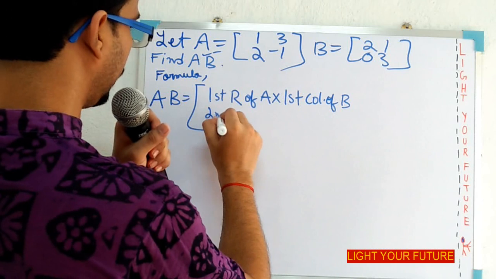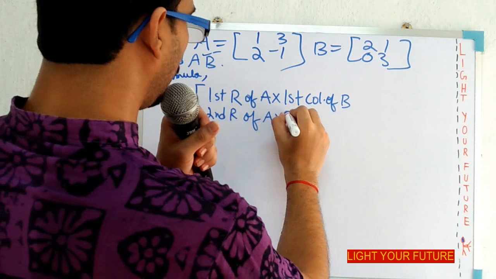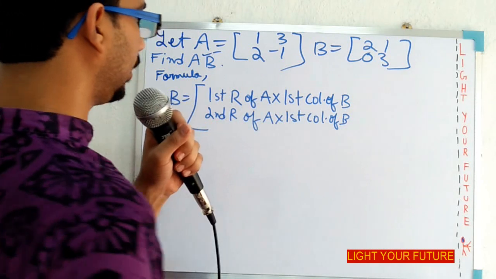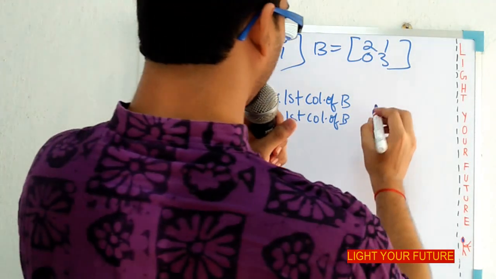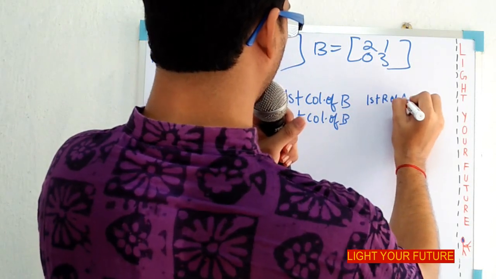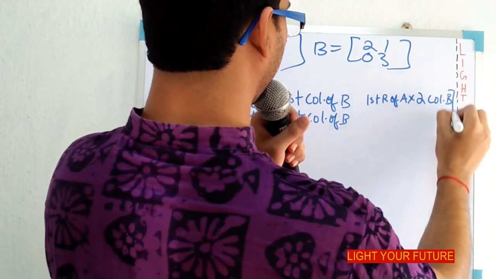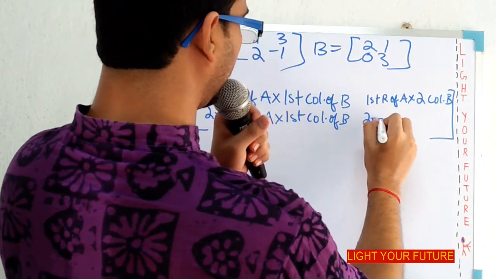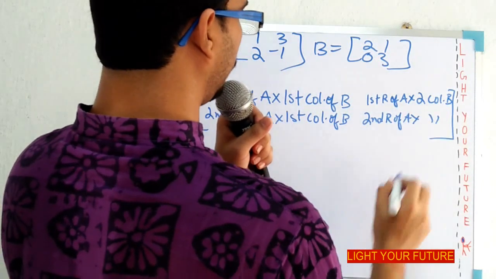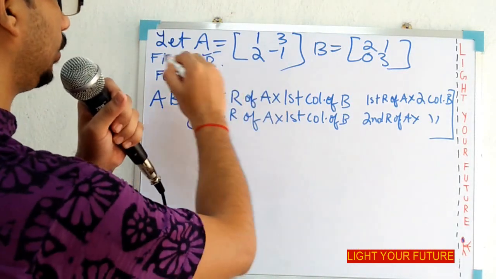Then second row of A into first column of B. Similarly, first row of A into second column of B. Then second row of A into second column of B. So by using this formula, we will solve this question.